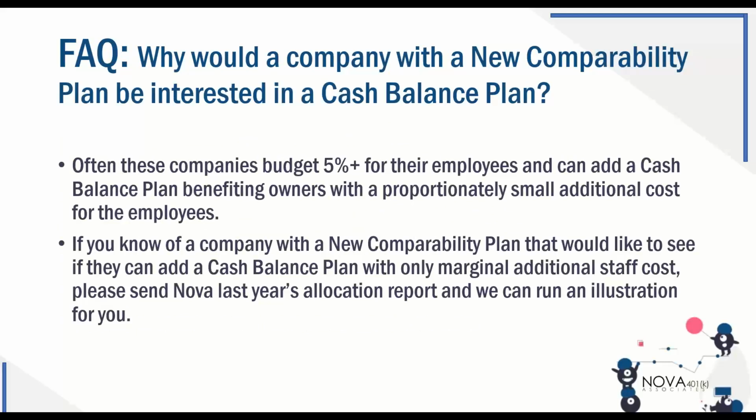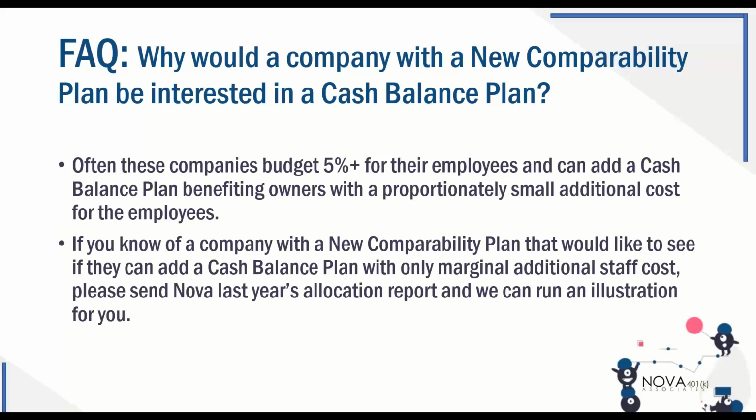So why would a company with a new comparability plan be interested? Or why would we want to target them? That's because often these companies are already giving 5% or more to their employees. And so they may be able to add a cash balance plan, giving the owners a large increase in deductions with a proportionally small amount additional for the employees, sometimes not much more at all.